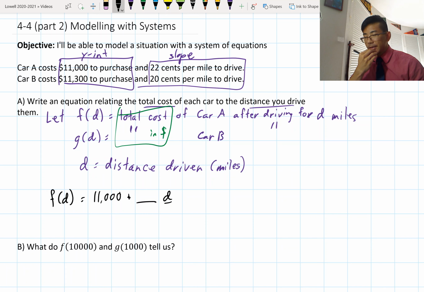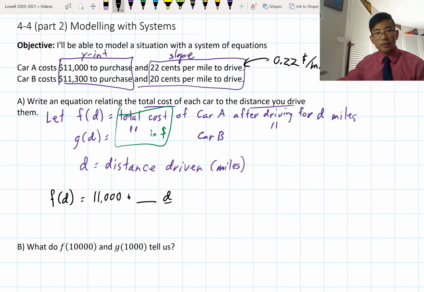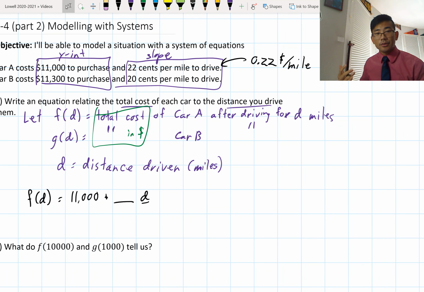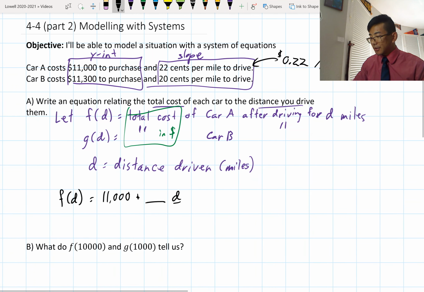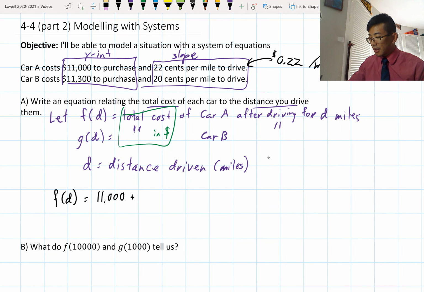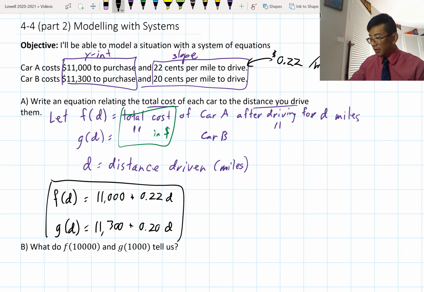It costs 22 cents per mile, which actually means $0.22 per mile. So for f, our equation should say 11,000 plus 0.22d. And likewise, g of d should be 11,300 plus 0.20d.